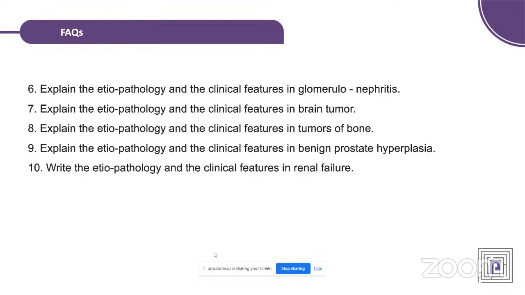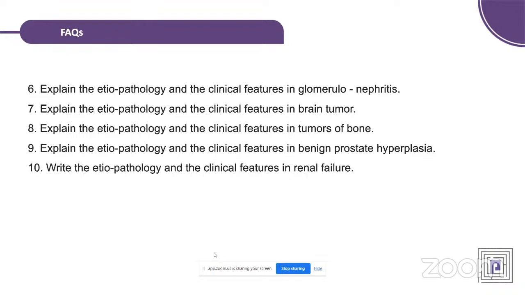So in renal failure, the GFR decreases, and then it leads to inability to concentrate the urine, and loss of function of the nephrons, and then loss of excretory functions like oliguria, anuria. So all these symptoms of renal failure will occur.